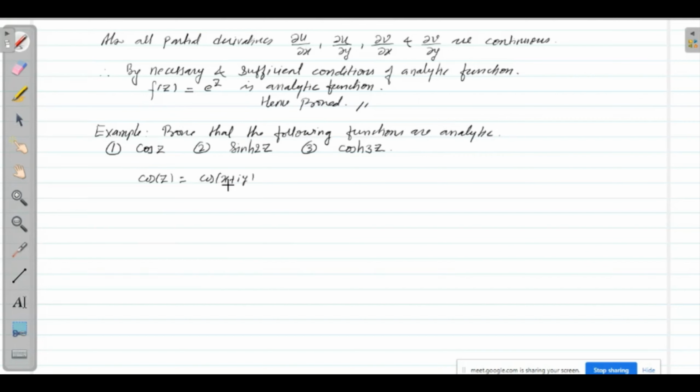Now apply the formula for cos of a plus b, then equate the function as a real and imaginary part. You will get u equal to the real part and v equal to the imaginary part. Differentiate them partially with respect to x and y, and again differentiate v partially with respect to x and y, and check whether the CR equation is satisfied or not. If so, you are able to show the function is analytic.